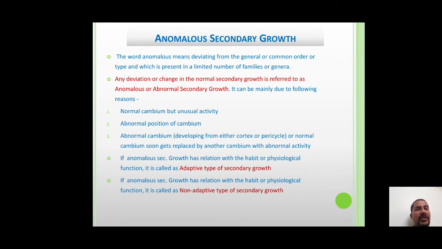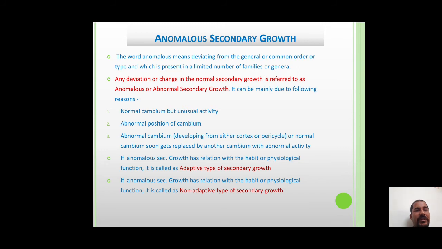This anomalous secondary growth can be due to the following reasons. Number one is that the cambium is normal, but it shows unusual activity. The second one is that there is an abnormal position of the cambium.